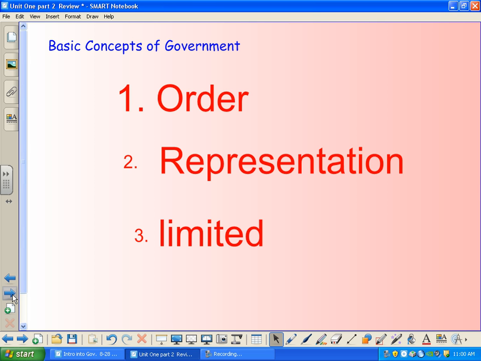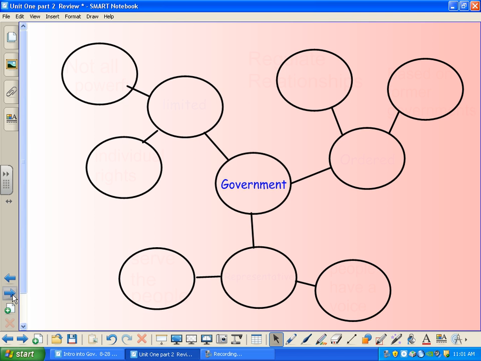Most people, especially in our country, do not want the government so involved in their lives that the government is making all the decisions. So they want that government limited in any number of ways. We'll look at that more as we get into the Constitution and those things, and of course that's the next unit.